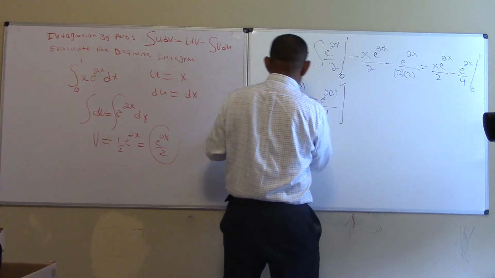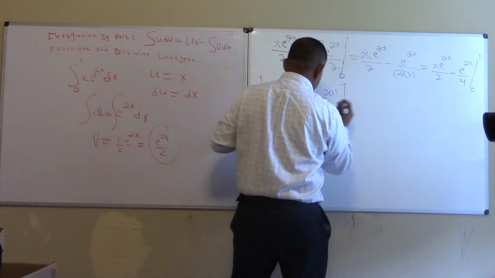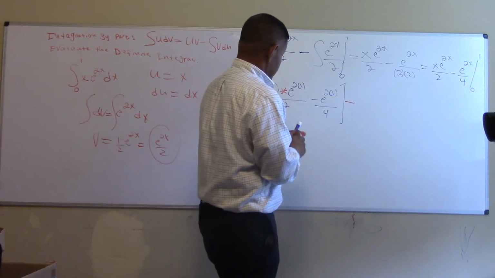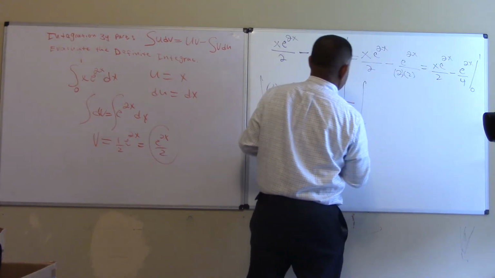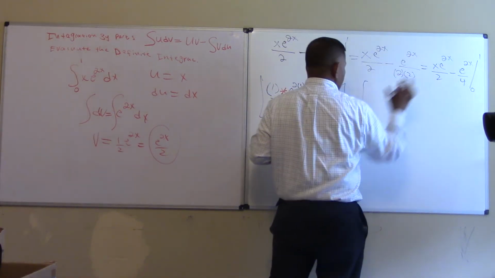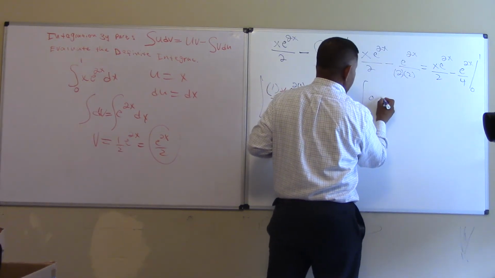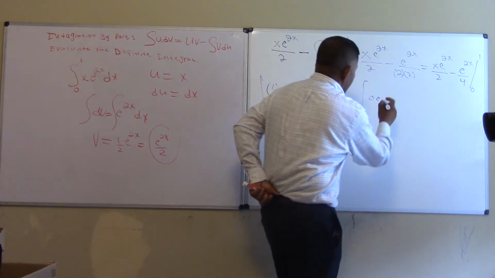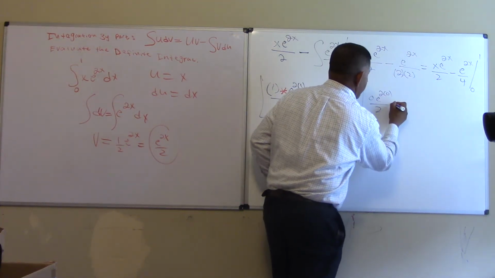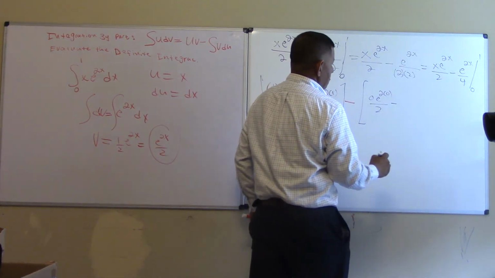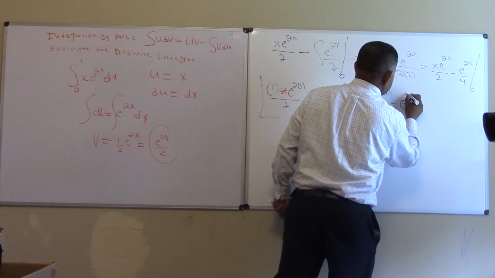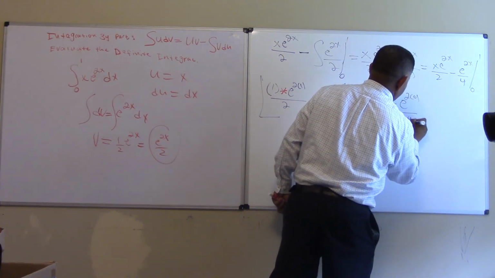Then minus the following, the whole piece evaluated at 0, which is 0 times e to the 2 times 0 over 2, minus e to the 0 power over 4.